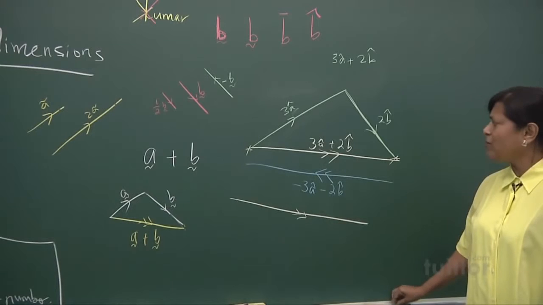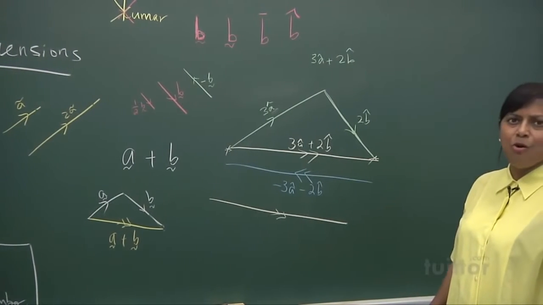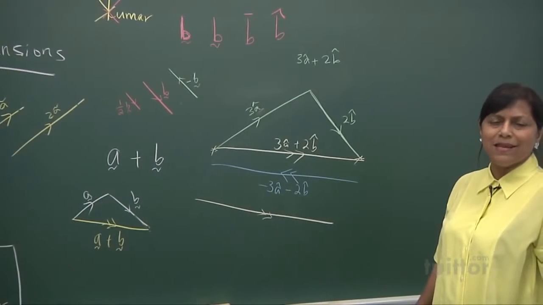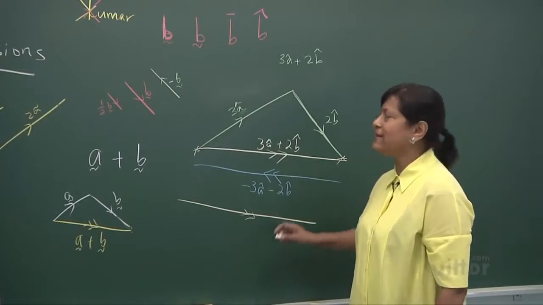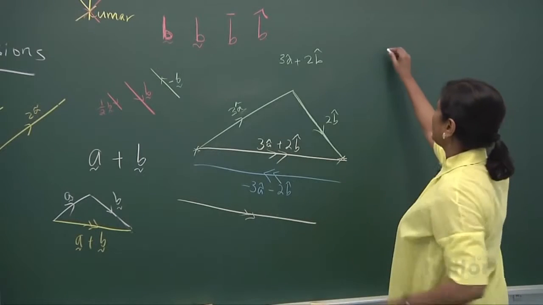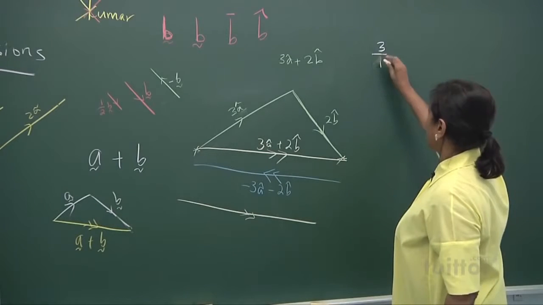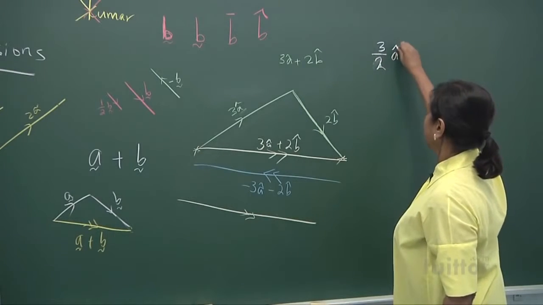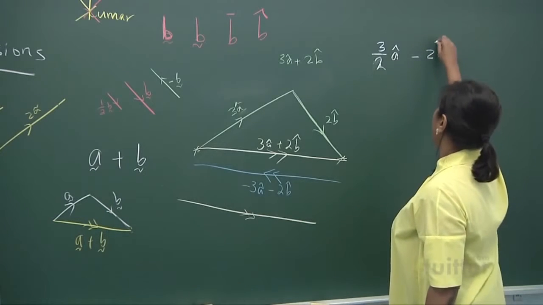Now, when we talk about vectors, it is very basic knowledge. You've got to understand it thoroughly, and from there it becomes a lot easier. If I look at a vector like this, I said I have 1.5A minus 2B.